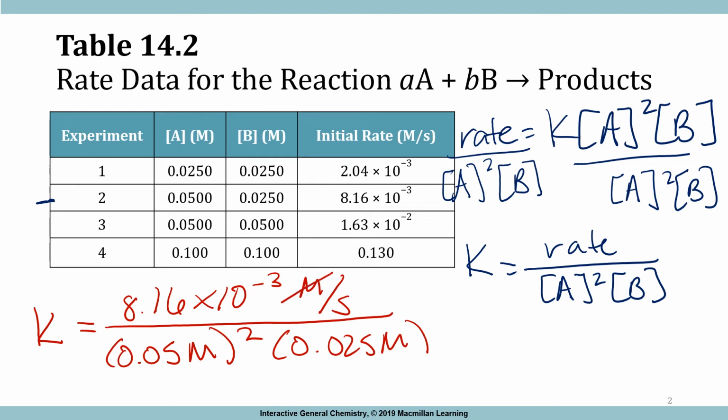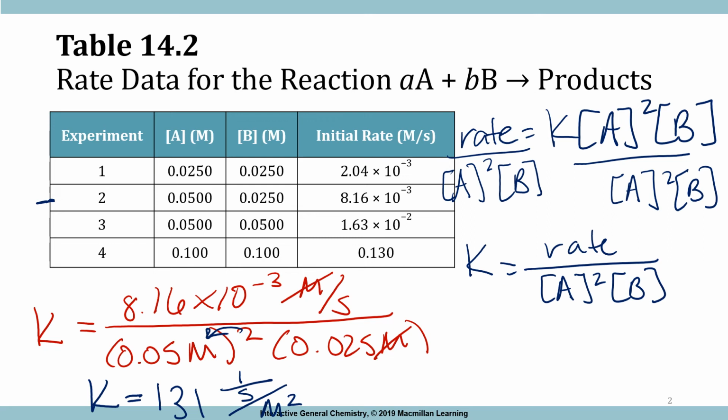One of these molarities is going to cancel, and I'm going to be left with 1 divided by seconds, and then also 1 divided by molarity squared. So my K value, or my rate constant, is going to be 131, and that's 1 divided by seconds divided by molarity squared, because I have to square my molarities here.